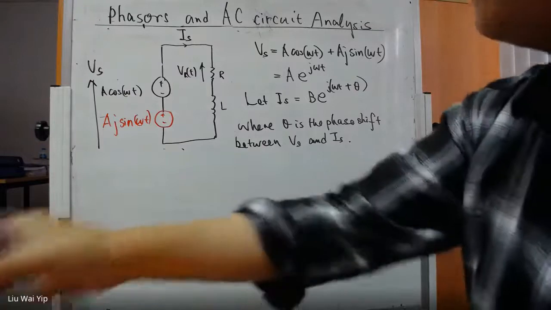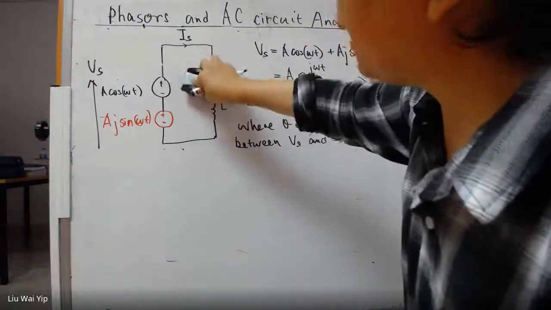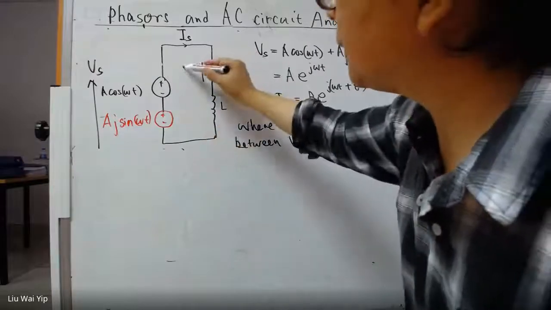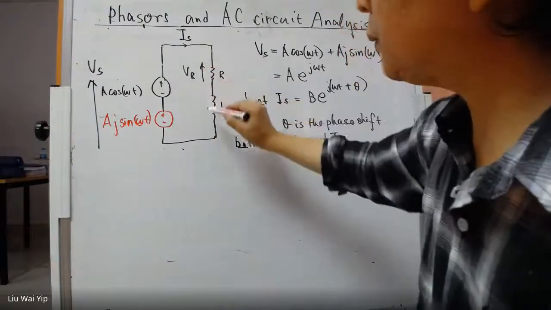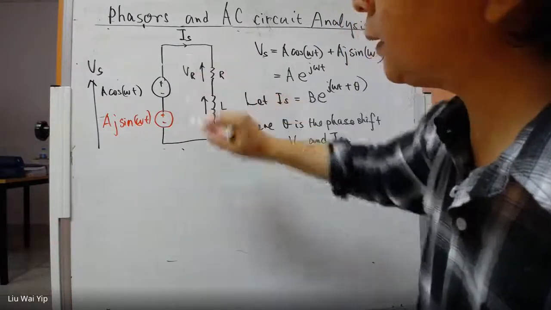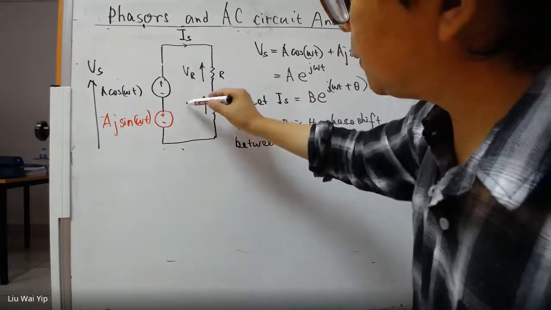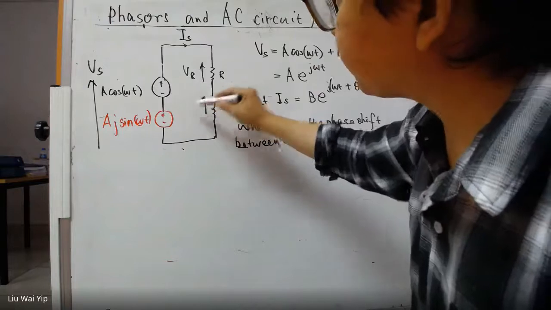So now we don't need any time domain. We only deal with complex domain. So we move to bracket t to represent the time domain.